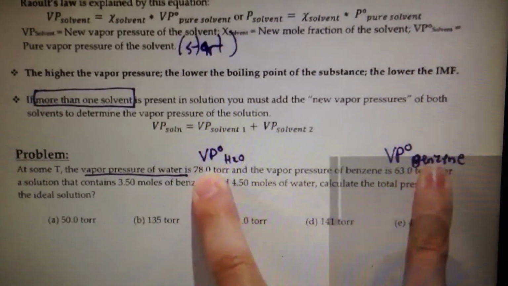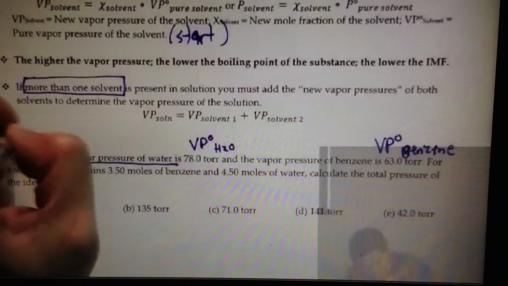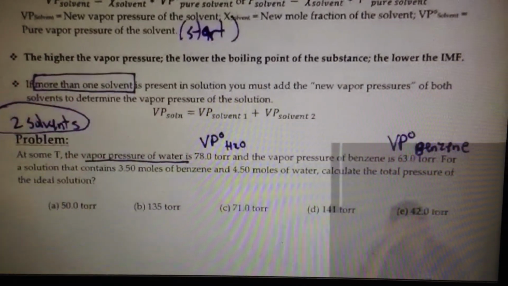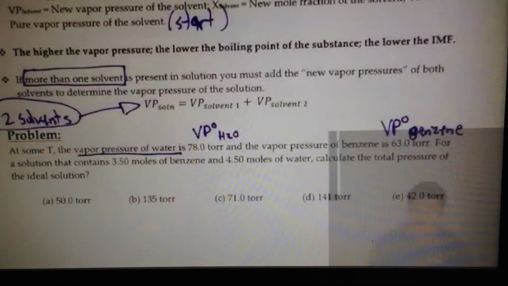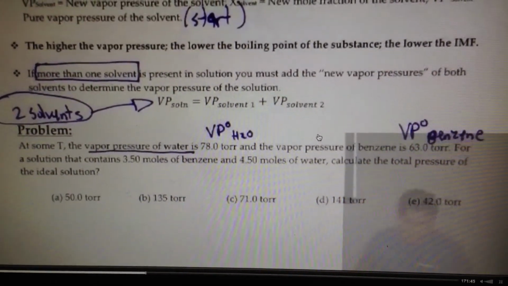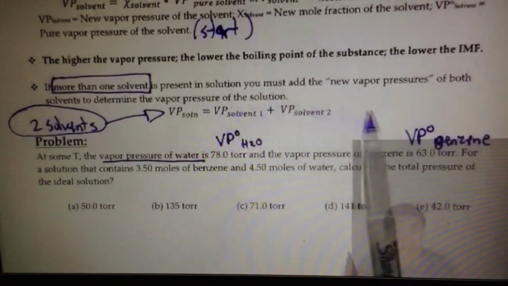Now, when you read the question, you're going to notice that you have two solvents here. Whenever you have two solvents, this is essentially the formula you're going to follow. VP of the solution is when you add the two new vapor pressures together.